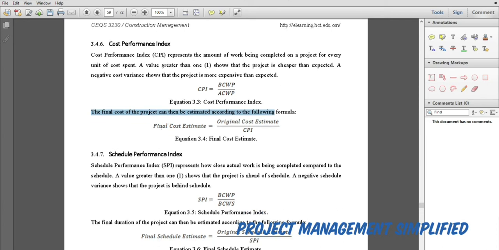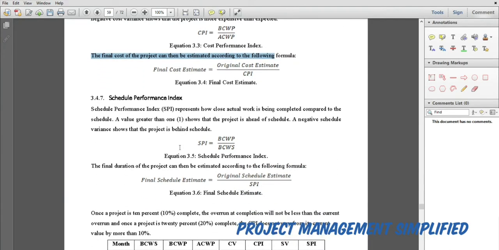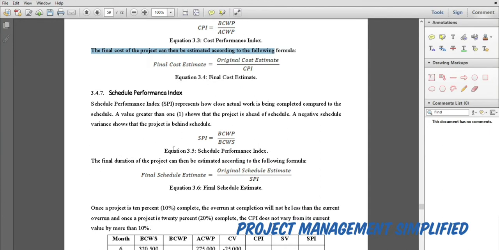Easily, you can say the final cost estimate equals the original cost estimate, how much you have budgeted for this project, over the CPI. You will get the final cost at the end of the project. That means how much we will spend for this project to be completed.